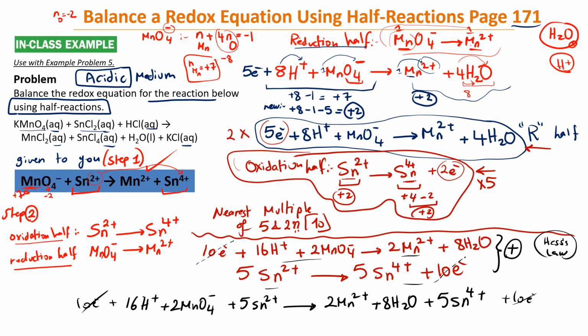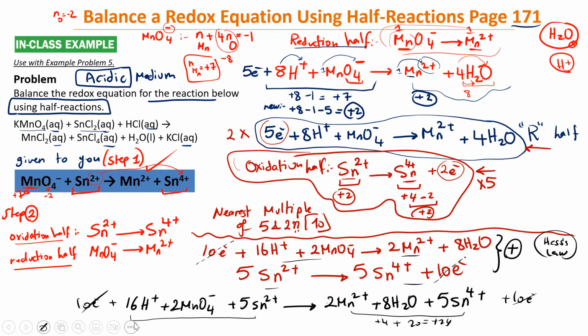Check your solution. You have 16H, 2Mn, 8 oxygens, 5Sn. See the charges here, how much? It's plus 2 and 2, so plus 4, plus 5 times 4 is 20, so it's plus 24.